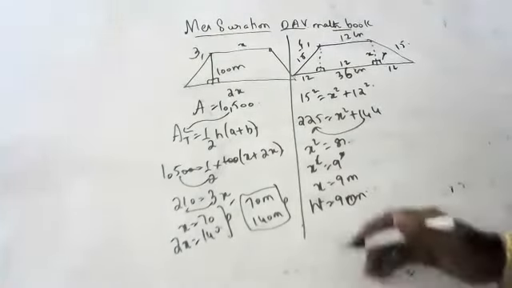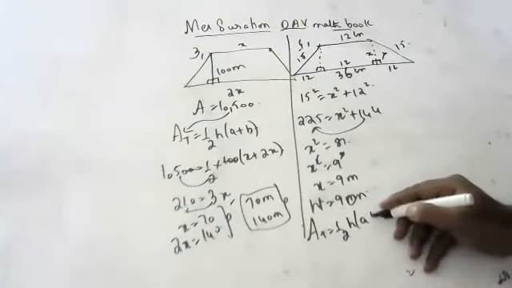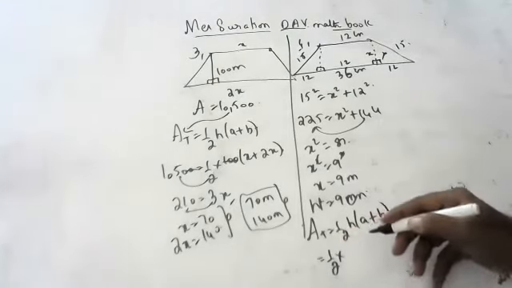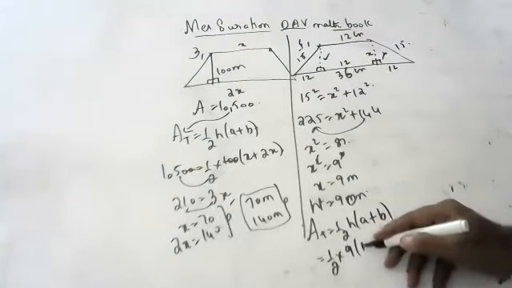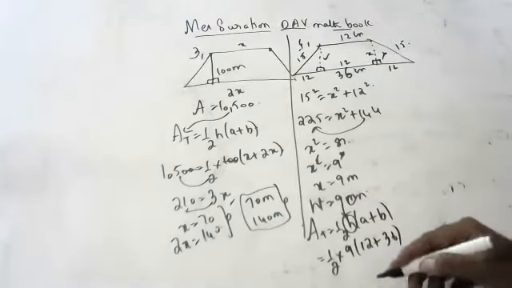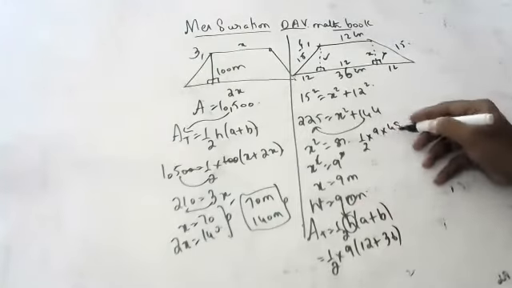Now find the area of the trapezium. Area of trapezium is equal to half into a plus b into height. Half into 9 into 12 plus 36, which is 48.